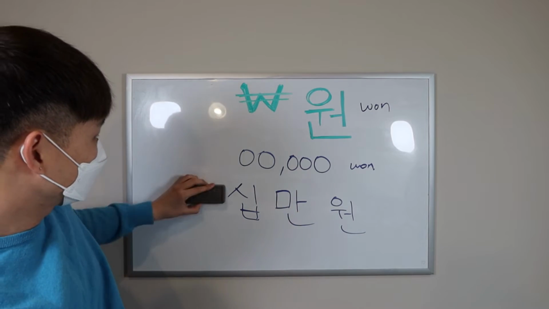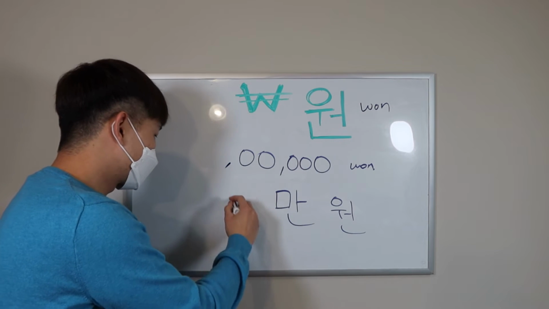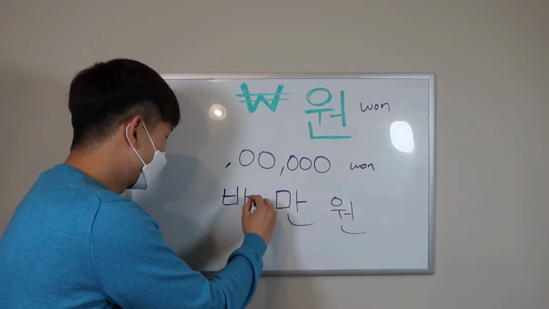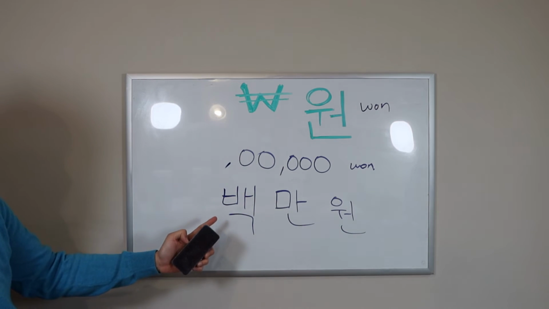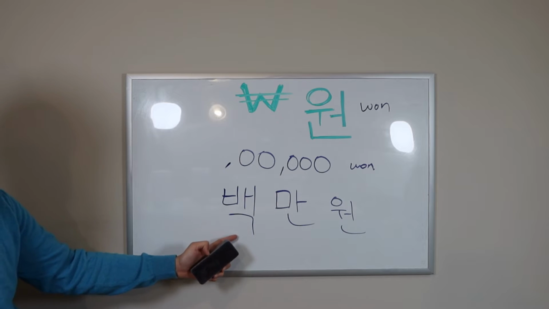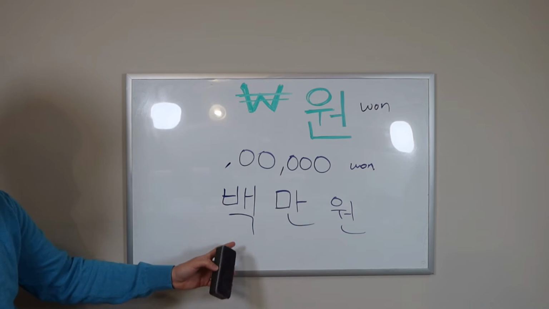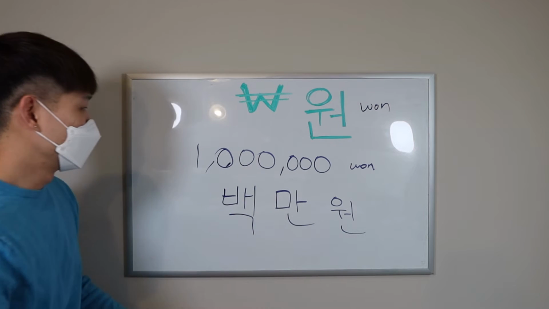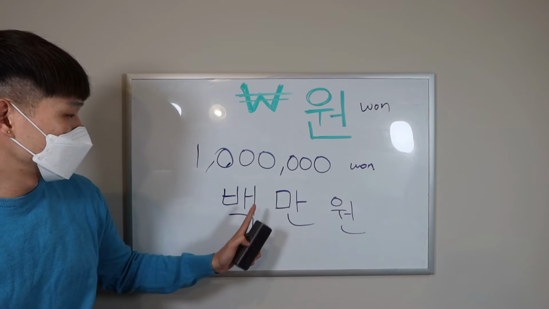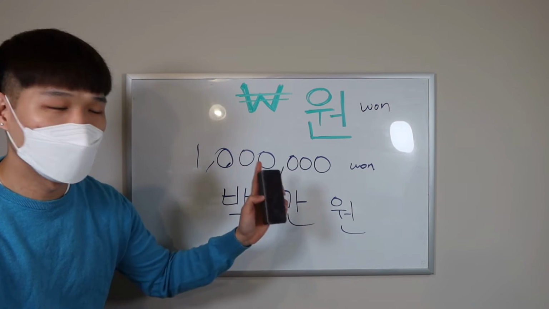So what's after that? After 10만 won, let's go to 100만 won. Do you guys remember what 백 means from our Korean numbers lesson? 100만 won. What do you think it would mean? 1,000,000 won. 백, so it's 100 times 10,000 won. 100만 won.